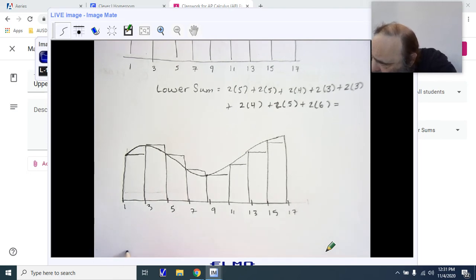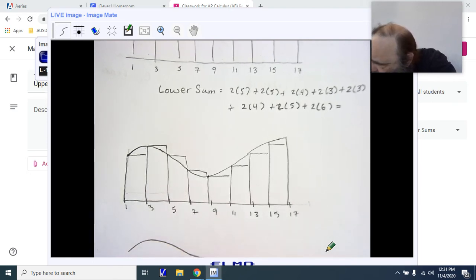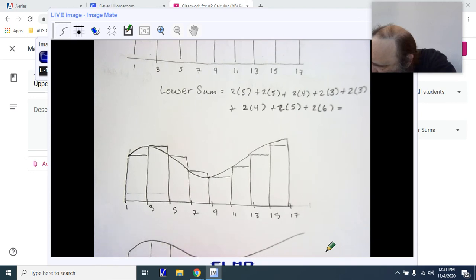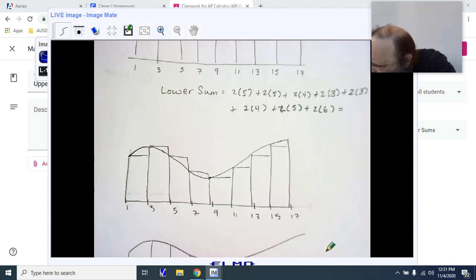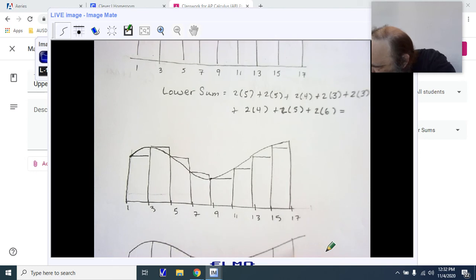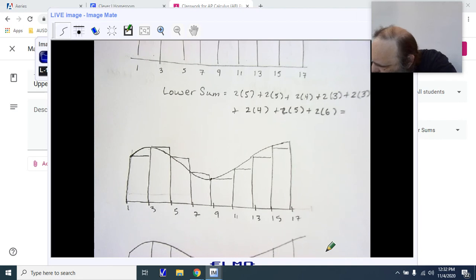I'm going to try my best to draw a copy of this. Hopefully I have succeeded. Drawing my curve. 1, 3, 5, 7, 9, 11, 13, 15, 17.